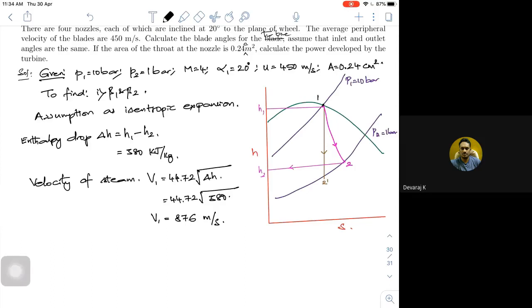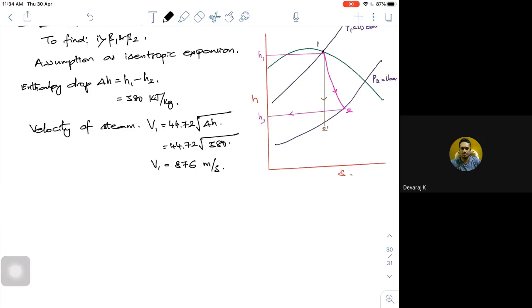When I have made the assumption of an isentropic expansion with no friction, my VR1 is equal to VR2.